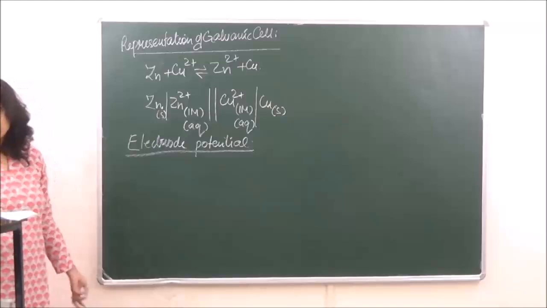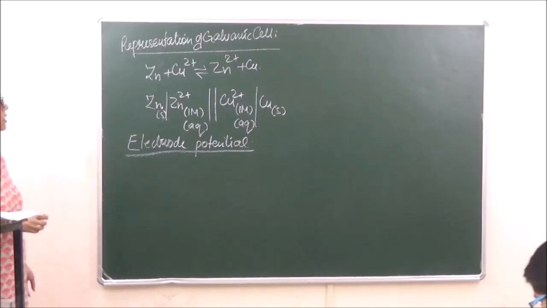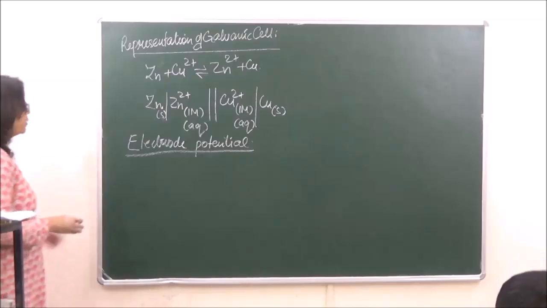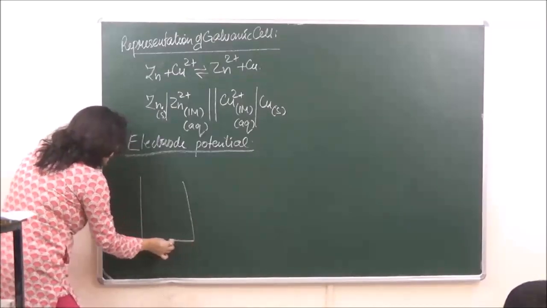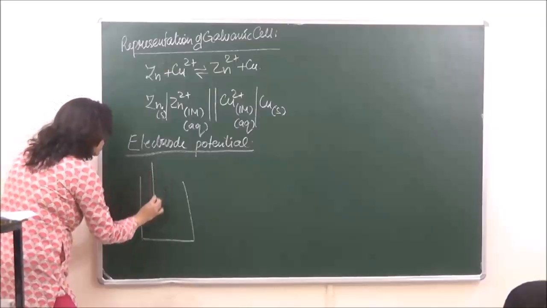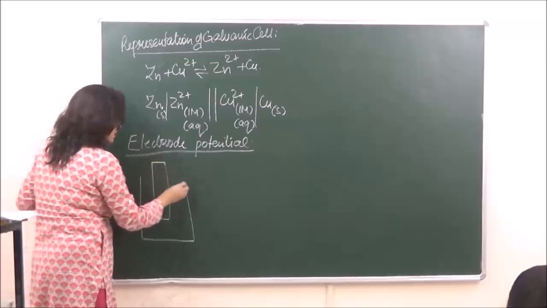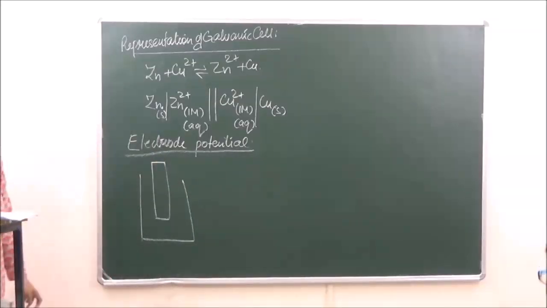Now how does this electrode potential develop? Let's take the examples of both the cases. We are going to take the example of zinc first. When a plate of zinc is placed in a solution of zinc sulfate, okay, we are taking this as an example. Now what is happening over here?